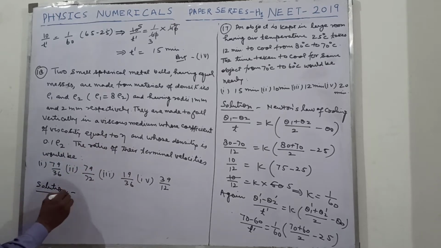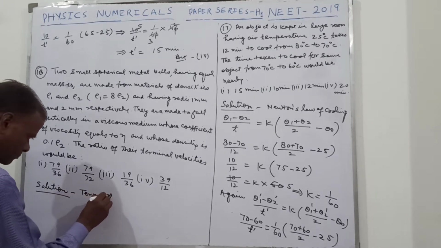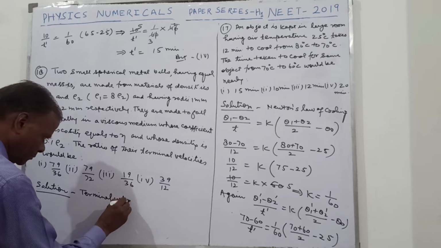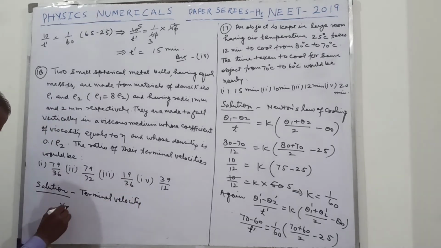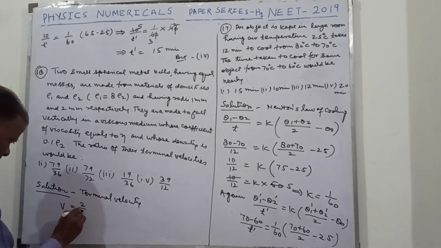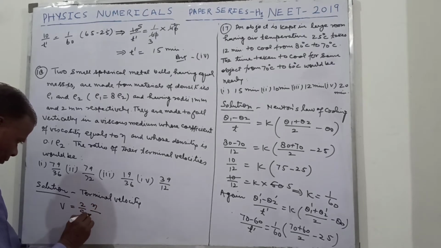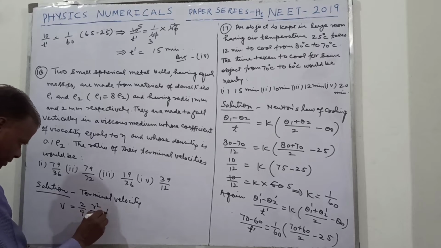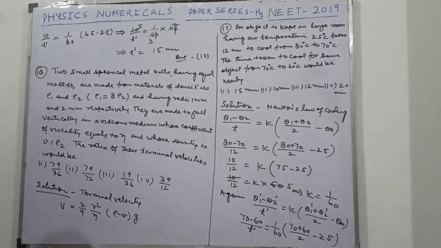So now terminal velocity V equal to 2/9 r square upon eta into (rho minus sigma) into g. This is the formula.